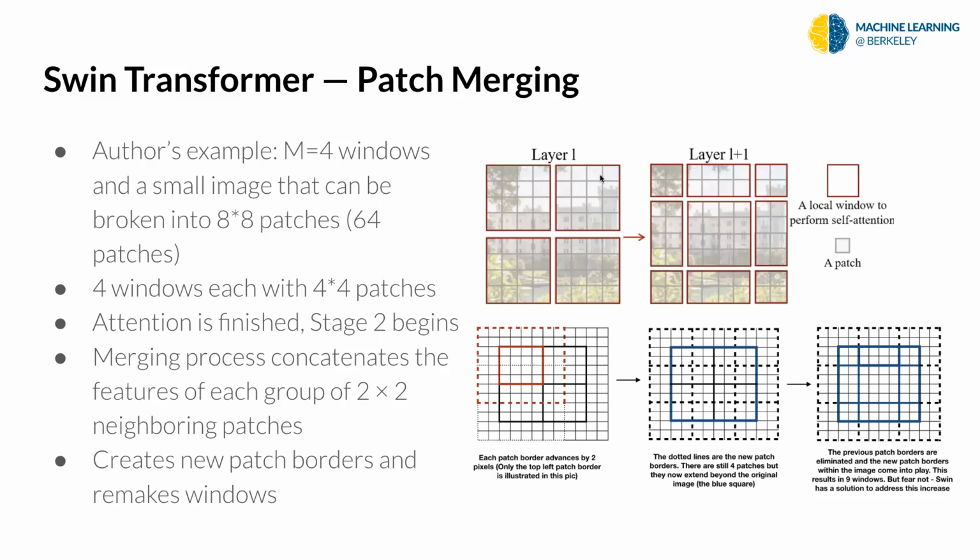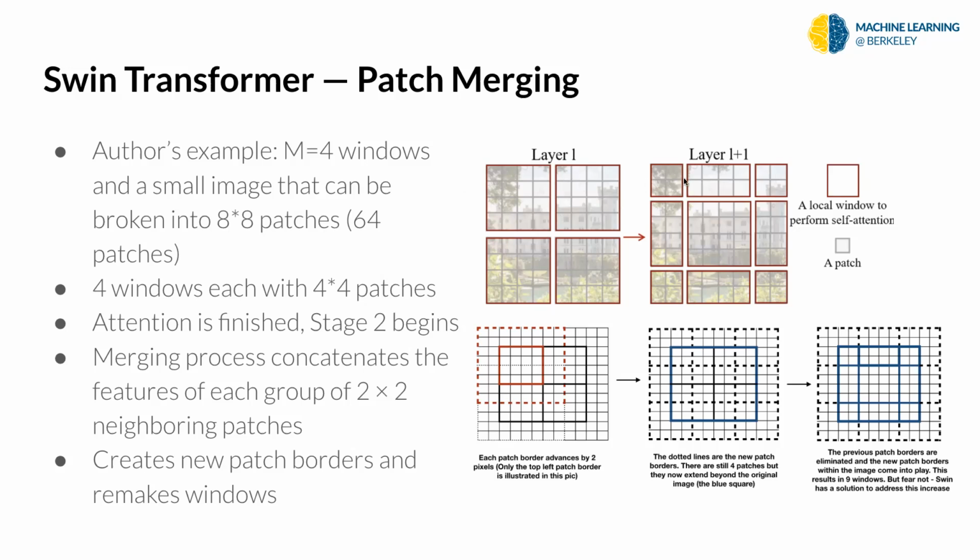We have 8 by 8 patches, each patch being a small pixel width. This results in 4 windows, which was also specified by our author. So we have 4 total windows with 64 total patches. This results in 16 patches in a single window, and that's something we're going to take into account during the merging process.